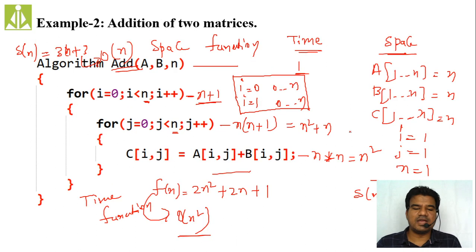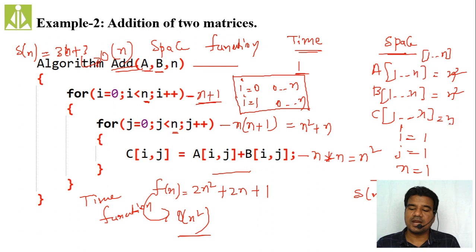When we are calculating the addition of two matrices, I am using two matrices, A and B. These A and B are two-dimensional arrays, so here we have to consider the rows as well as columns. I had not considered the columns, that's why I got n. But if you consider the columns as well, you will get n square.